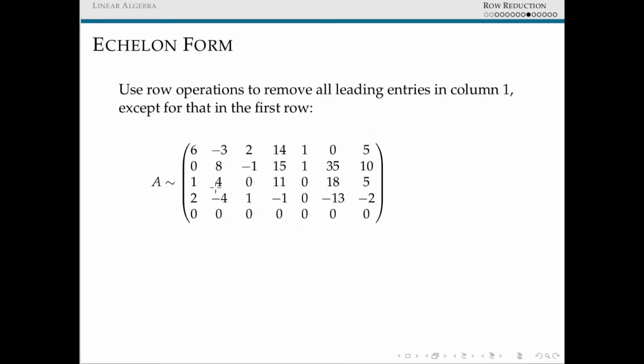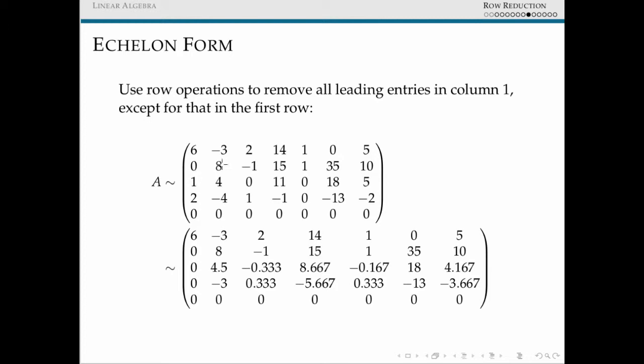Our goal after that is we'd like to remove all leading entries in our first column except for the leading entry in the first row. So we're going to be leaving entry 6 alone, but we'll be looking to get rid of the 1 and the 2 using row operations to cancel them out.